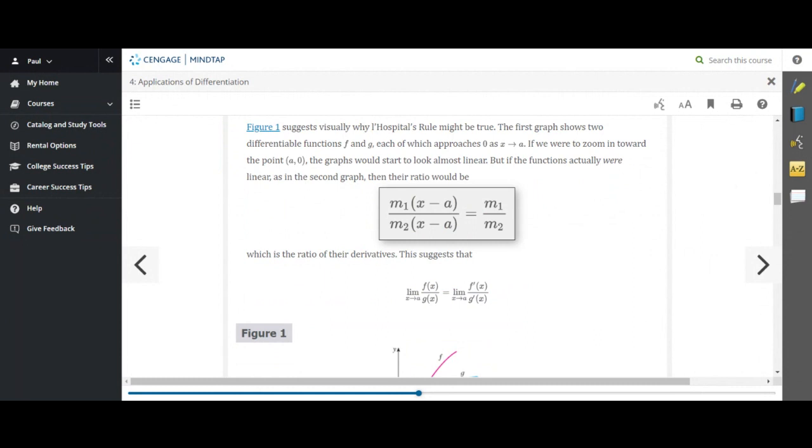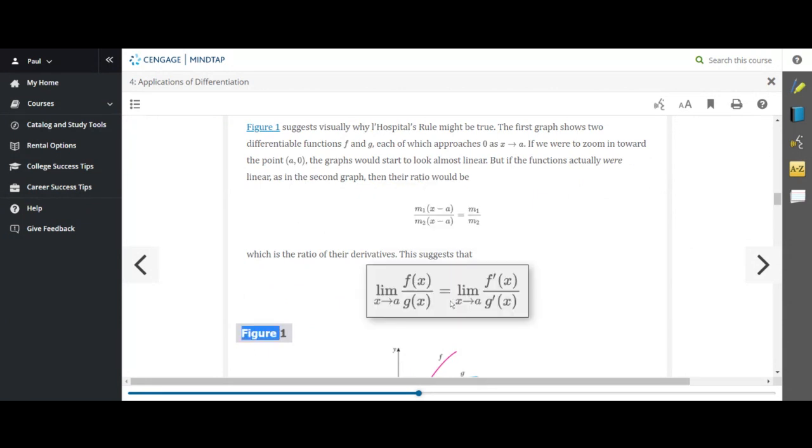The tangent line for function g was m2 times x minus a. And if you look at the ratio of the tangent lines, the x minus a simplifies out, giving you m1 over m2. And therefore, this is an intuitive way to understand L'Hopital's rule. The limit as x approaches a of f divided by g would just be the limit as x approaches a of the ratio of their derivatives.